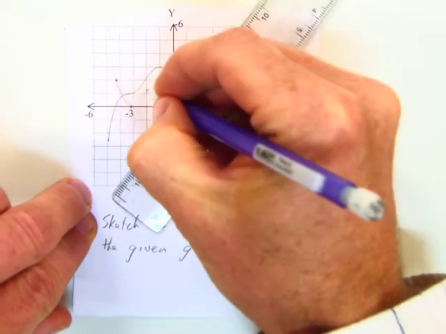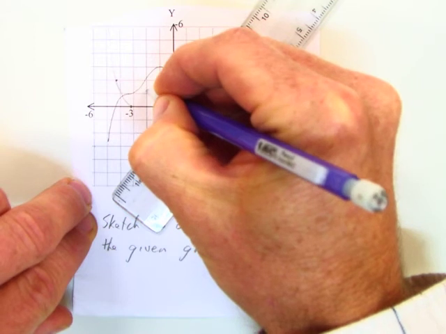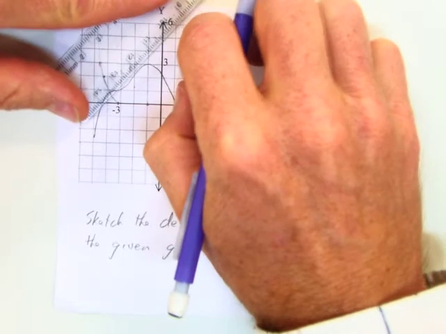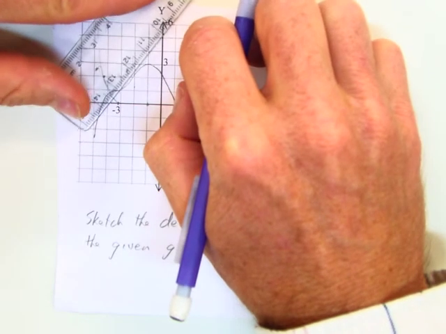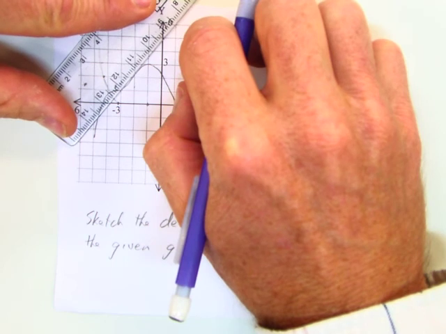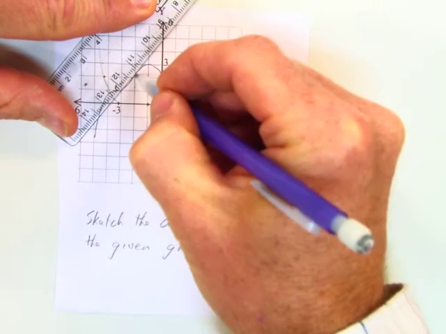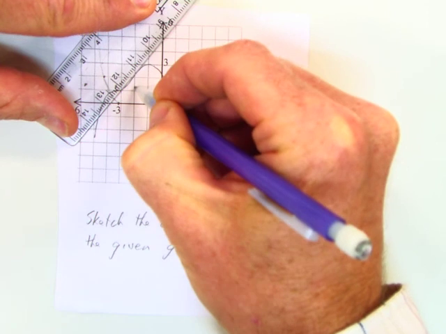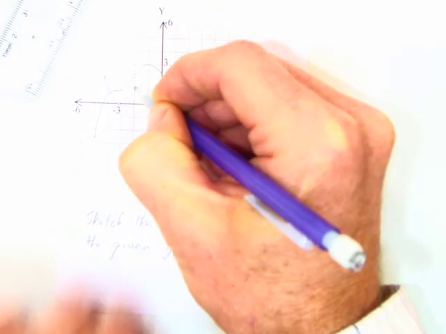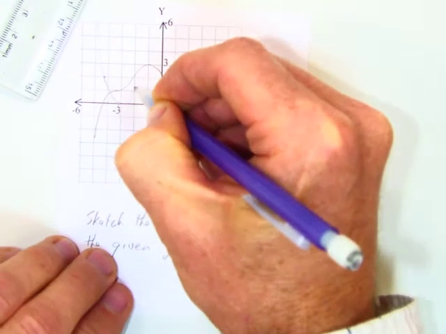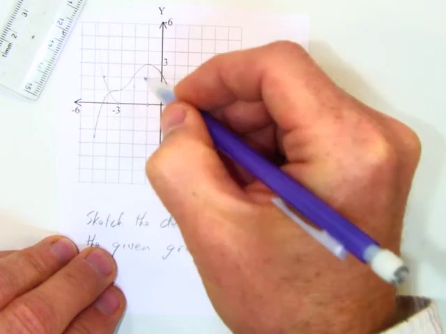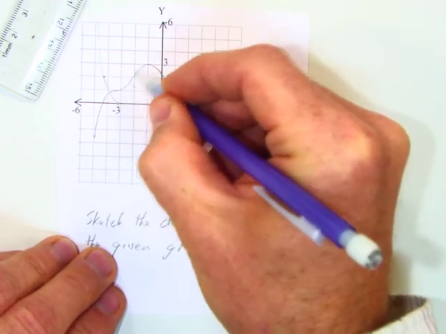So 1 1/3, about this vicinity. So here's where I had my tangent line. And with that x value, I am plotting 1 1/3. And that was my highest, my steepest slope.